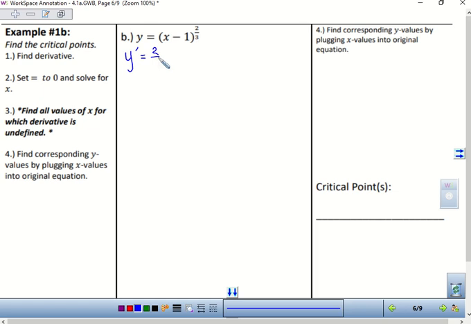We're going to take the derivative using the chain rule. And then, of course, times the derivative of the inside, which is just 1, because the derivative of x minus 1 is 1. So is everybody good with that? Now remember, our goal is to set this equal to 0 and solve for x. So you have a few different options to doing this. Right off the bat, I try to get rid of the constants.